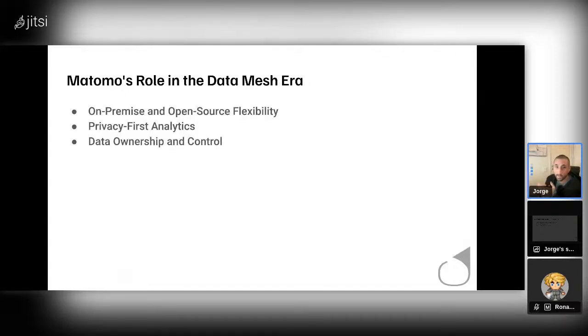If you host your own Matomo, Matomo is uniquely positioned to support data mesh due to its flexible deployment options.